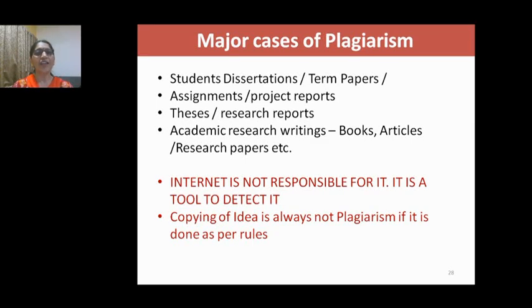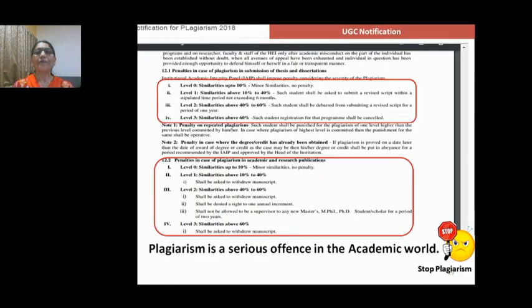So for detecting, these rules are framed by the UGC Notification for Plagiarism 2018. We can see the levels provided by the UGC. Level 0, you can see the similarities up to 10%, minor similarities, there is no penalty.